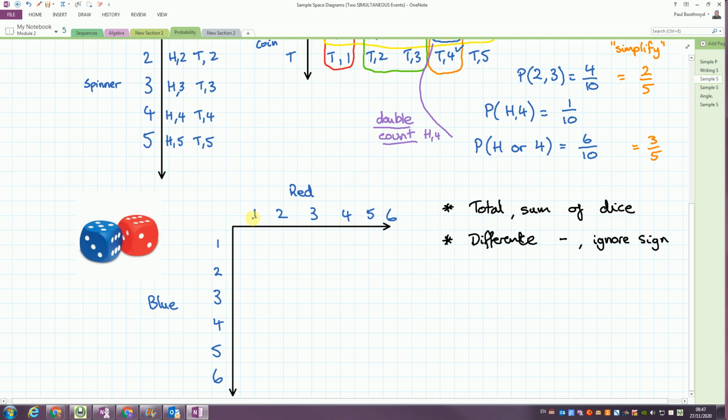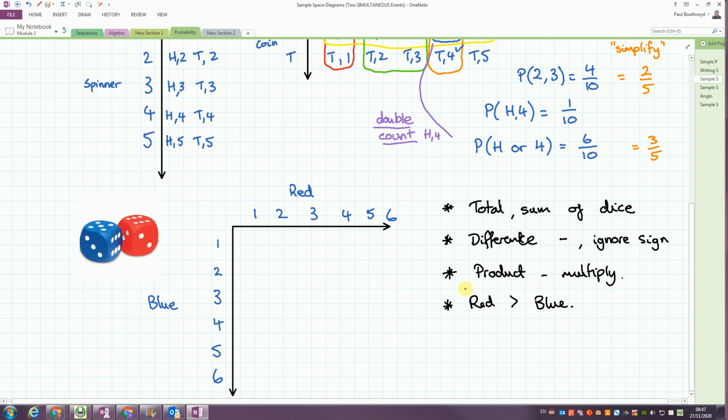So the difference between 2 and 1 and the difference between 1 and 2 are the same. They would actually be both 1. They may say product, and that means multiply them. Or they may just look for combinations and say things like where red is greater than blue.